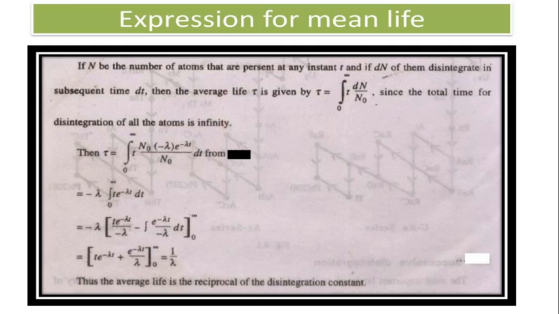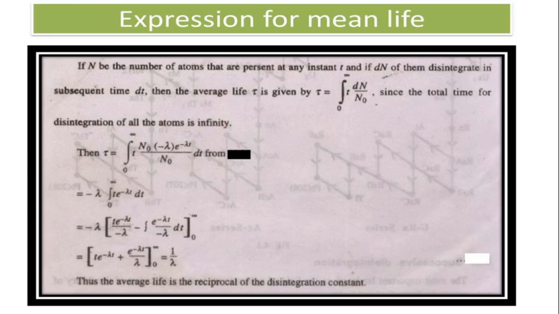So if N is the number of atoms present at any instant t, and in time dt, dN of them get disintegrated, tau is given by the integral from 0 to infinity of t dN by N0. We have the value N equal to N0 into e raised to minus lambda t.